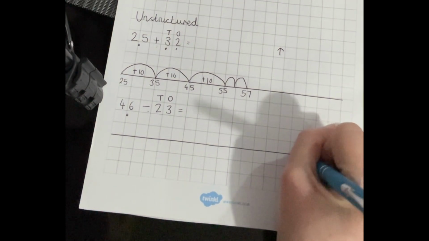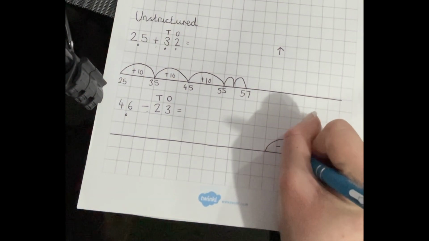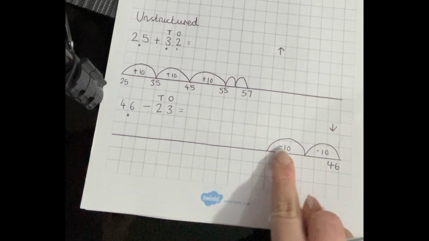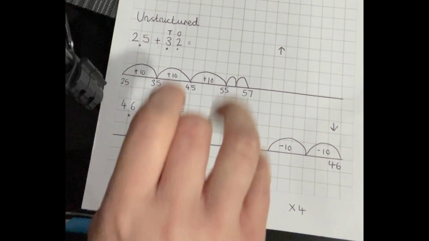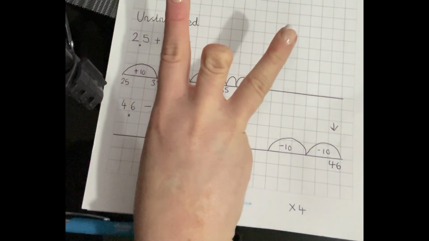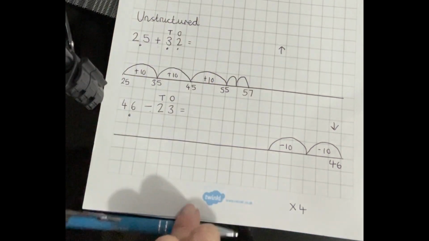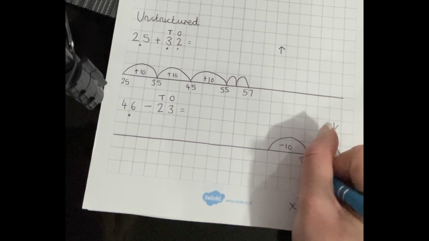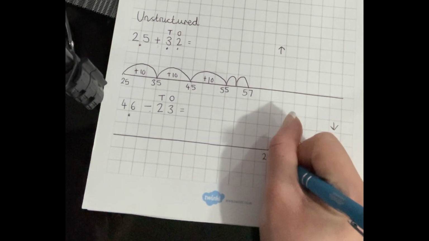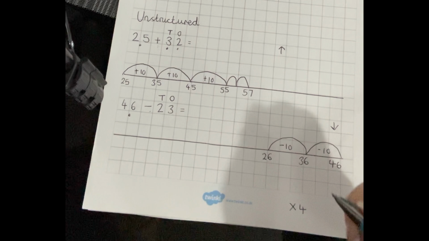So 1, 2 big ten jumps, and I write in my jumps, take away 10. So 46 becomes 36, 36 becomes 26. So 46, 36, 26. It helps if you say it out loud.